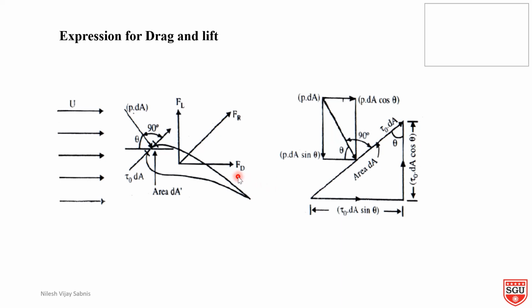Thus, the drag is the force exerted by the fluid in the direction of motion. The component of total force in the direction perpendicular to the direction of motion is called the lift. This is denoted by Fl. Thus, the lift is the force exerted by the fluid in the direction perpendicular to the direction of motion.